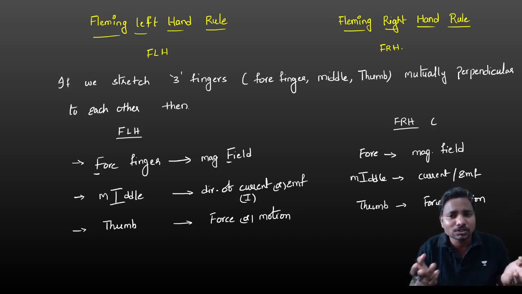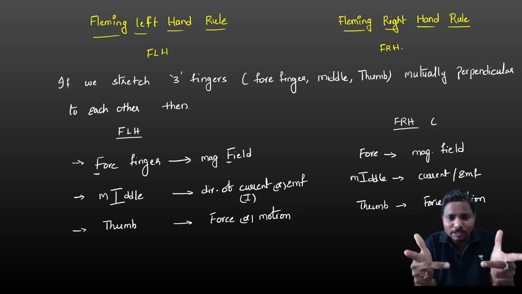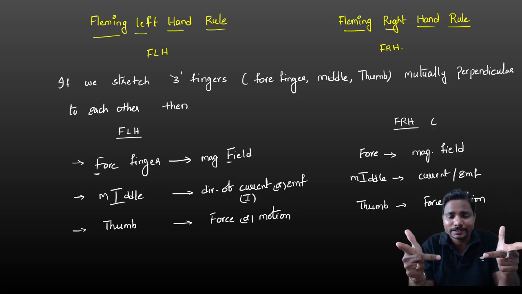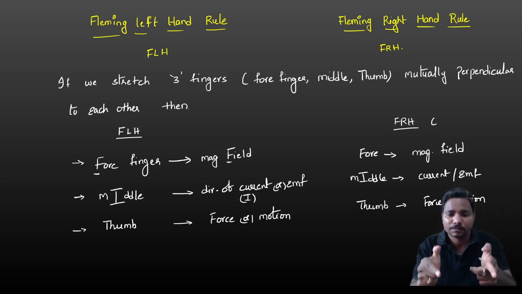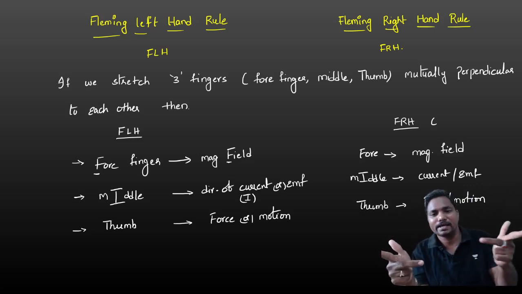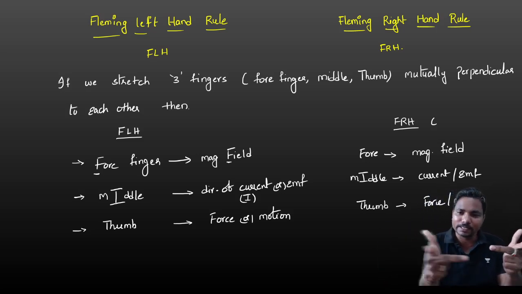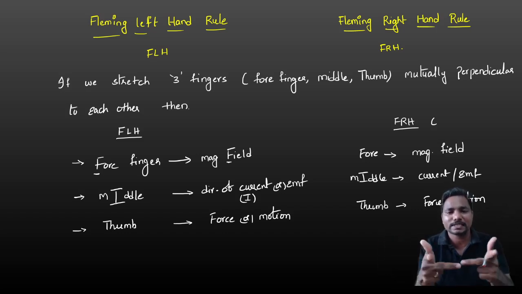Okay. If there is no difference, then why do we require two rules? Because if you observe carefully the three fingers of both hands, the direction of field is the same, outward, always towards any one person. Thumb is upwards, both the same. But what about the direction of current or EMF? Here it is on this side, but here it is on this side. That is opposite sides. The middle fingers are showing opposite sides.